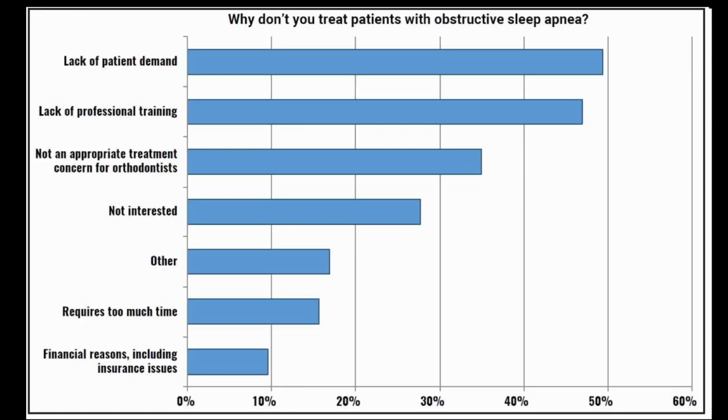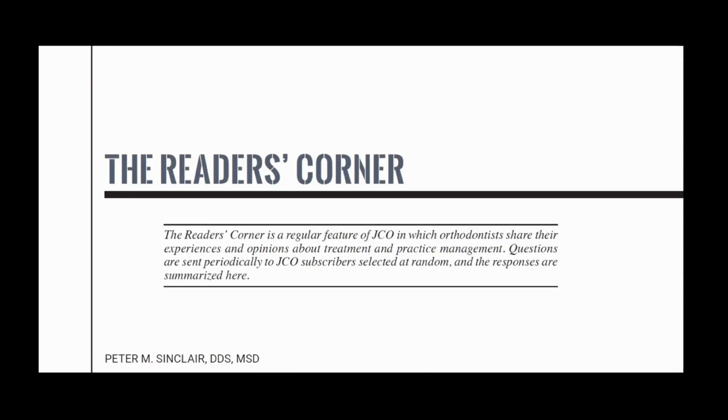Then I send the graphs to the Reader's Corner editor, usually preparing some extra graphs, and then those can be picked from, based on which are the most relevant or most interesting. The editor will write up some key points from the data, and then I go through it and edit that as we would a typical article.